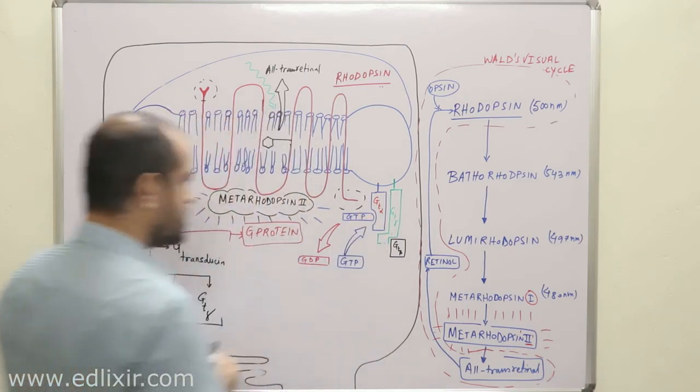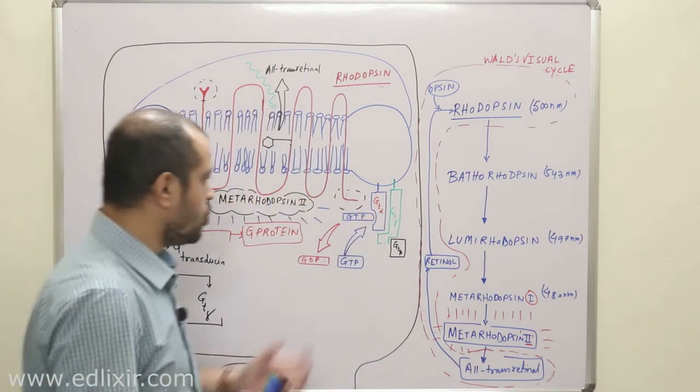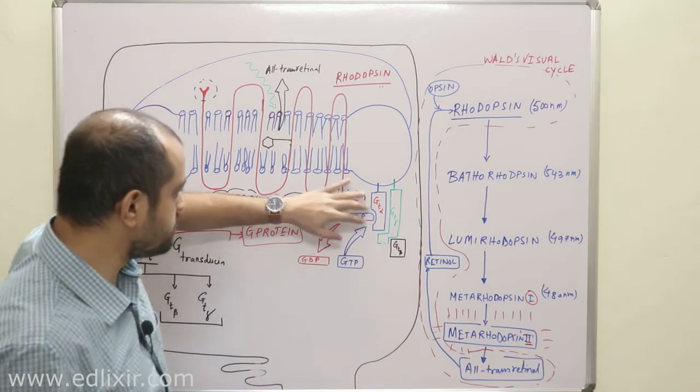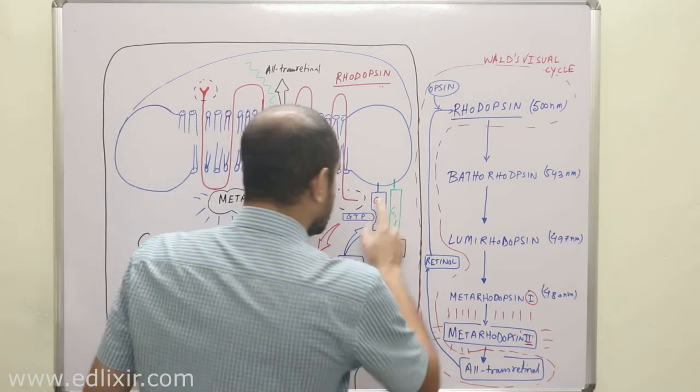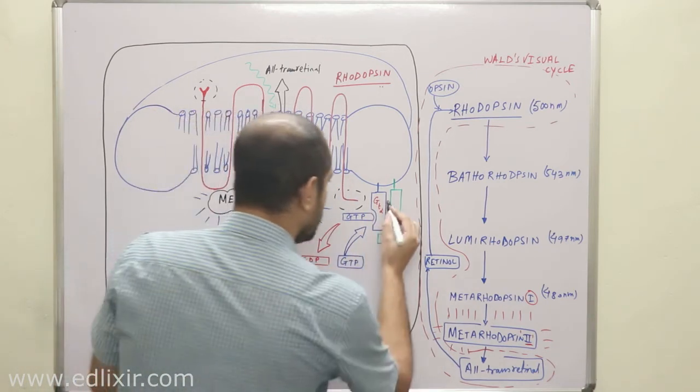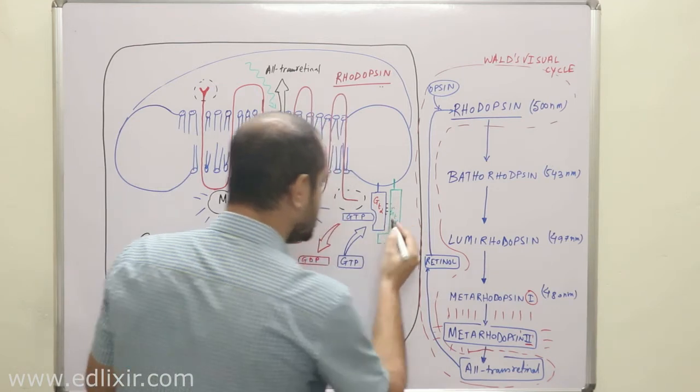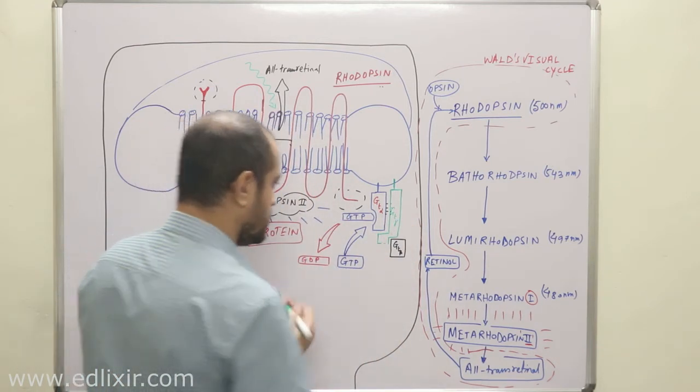Now listen, when this GDP is replaced by GTP, then this GT alpha, which was forming a bond with its GT gamma subunit, right?